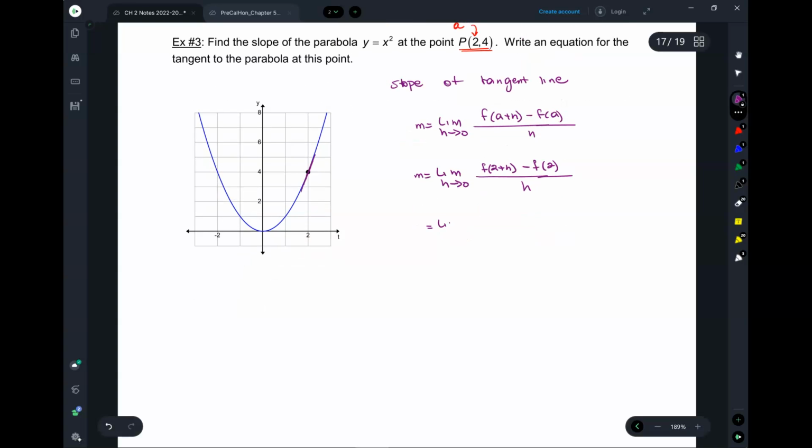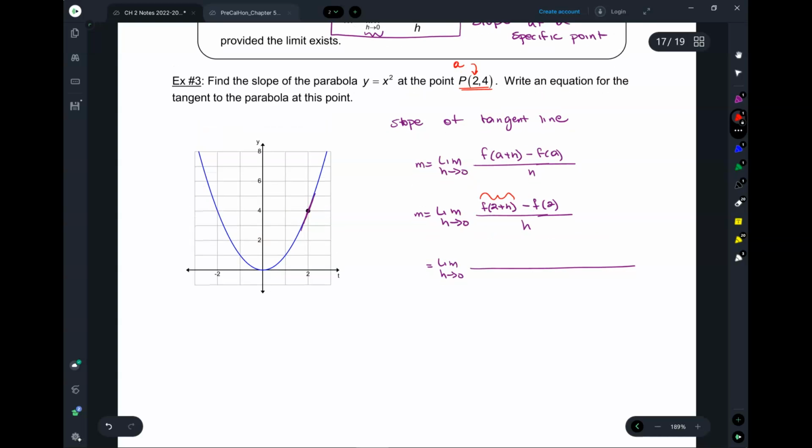Okay, so this is the limit as h approaches 0 of f of 2 plus h. This is f of x. F of x is x squared. F of 2 plus h is 2 plus h squared.